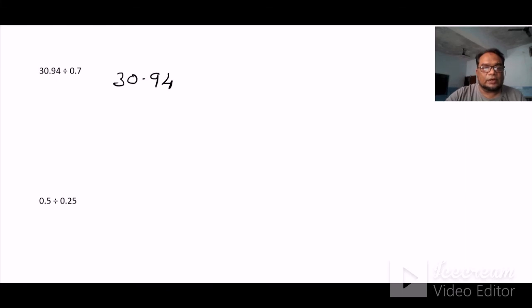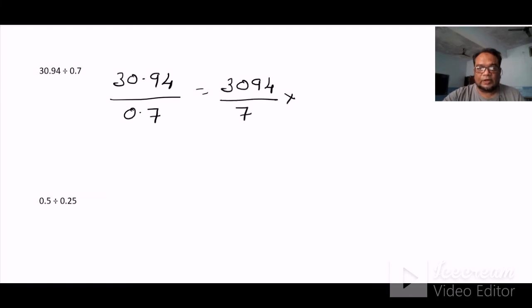Now our next question is 30.94 divided by 0.7. In this division, the first basic step is to remove the decimal first. So 3094 becomes 3094 and 0.7 becomes 7. Here in the numerator after the decimal there are 2 digits. So put 100 here. Here in the denominator only 1 digit is there. So in the numerator put 10 here.